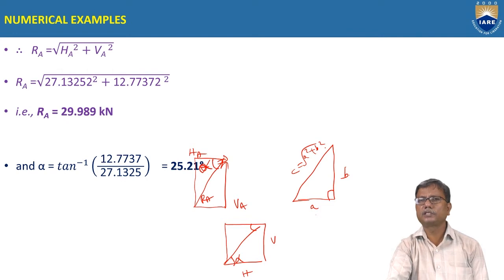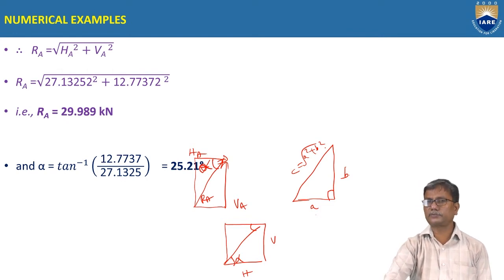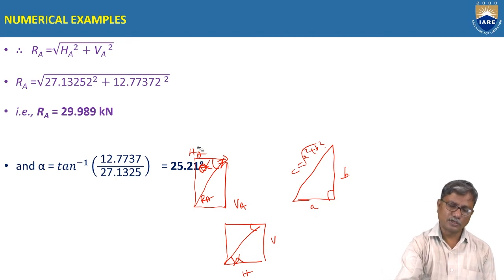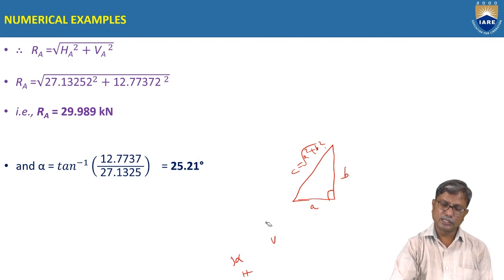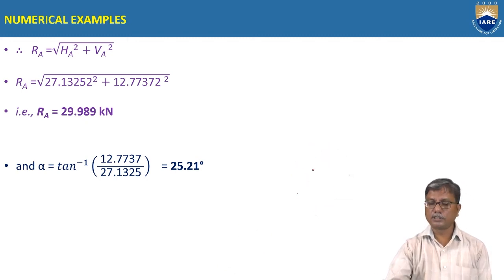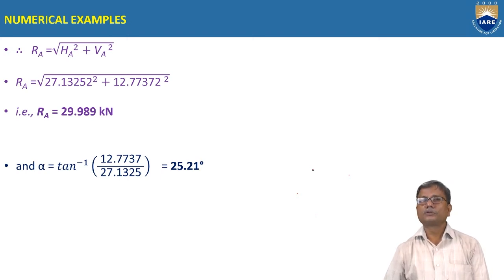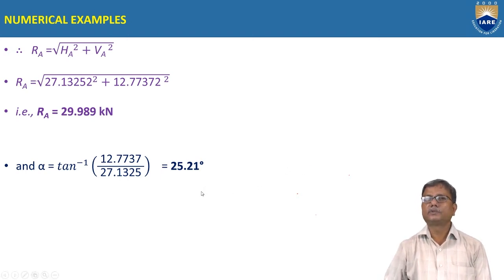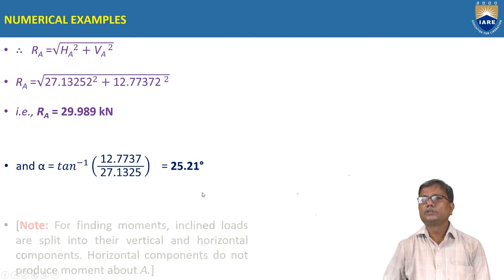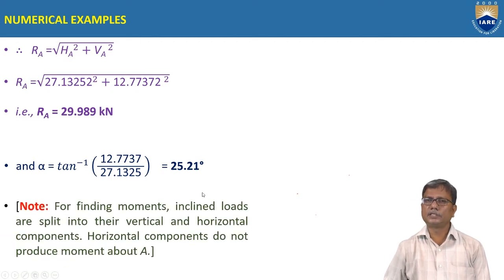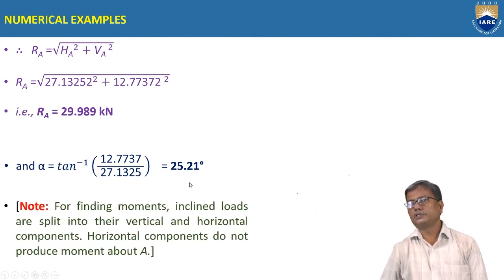If H is greater, then alpha is less than 45. In this case, H is greater than V, so alpha is less than 45, and alpha means the inclination of the resultant with horizontal. So this is how we find the reactions at the supports.